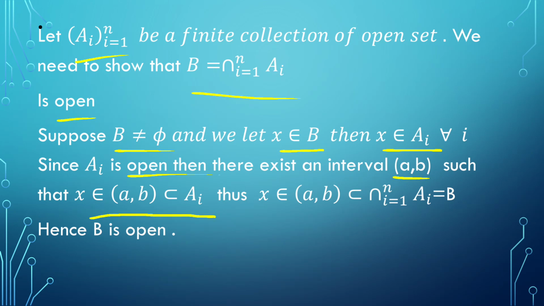That shows neighborhood, and because the condition of neighborhood is fulfilled, it will mean that B is open, and that ends the proof of the theorem.